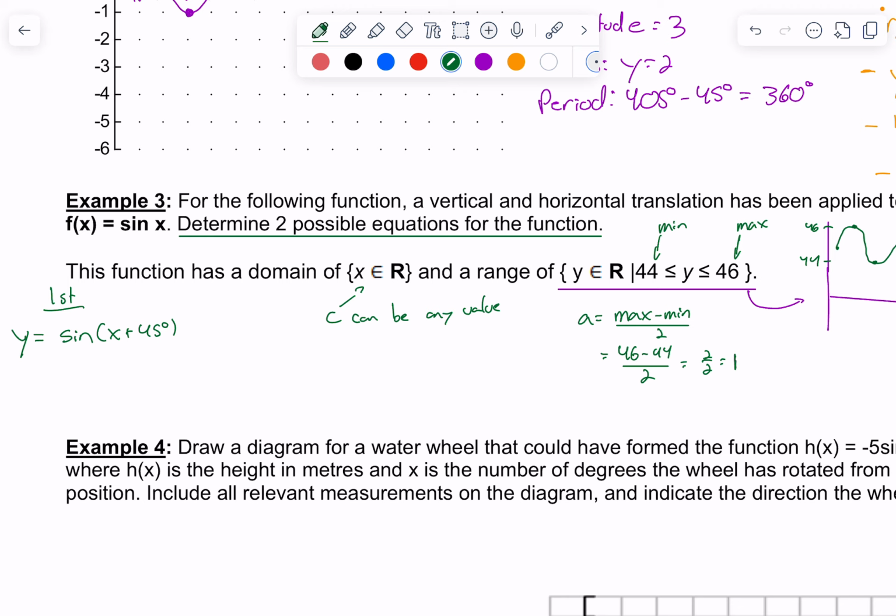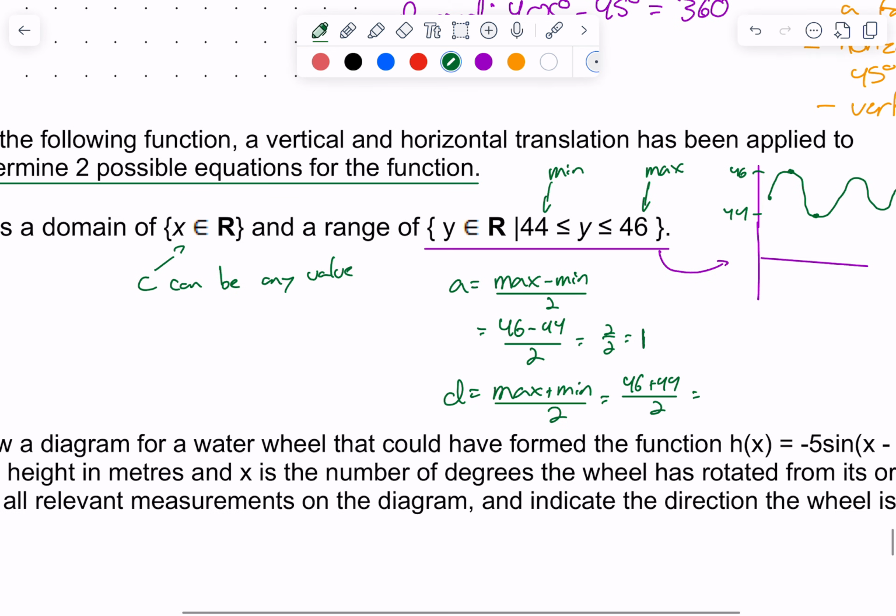And your D value is max plus min divided by 2, giving you 46 plus 44, which is 90. Divide that by 2 is 45.